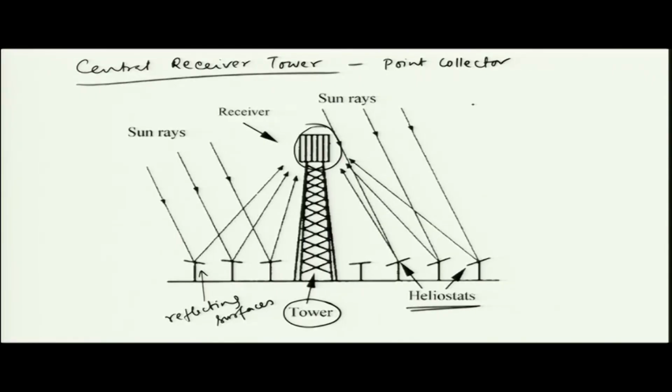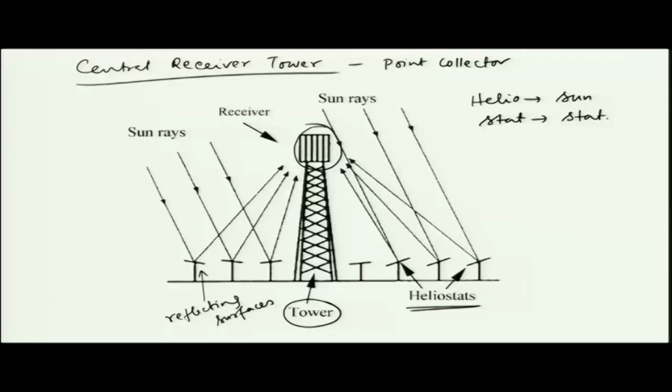Heliostat means what? Helio means sun and stat means static. So, basically with respect to sun it does not move, it is static. So, what it means is that it perfectly tracks the sun, so that with respect to sun that position of the reflector is static.